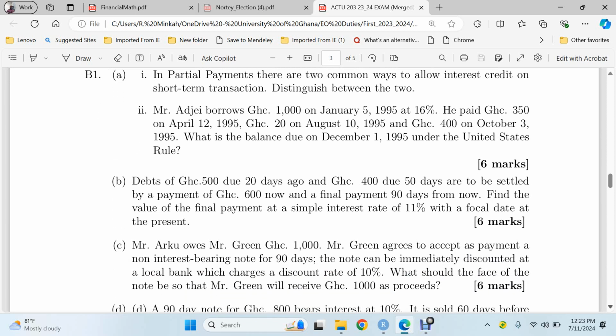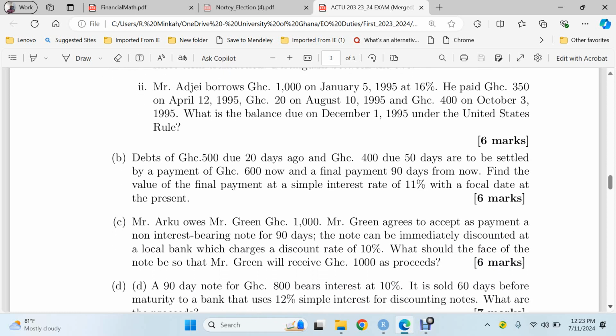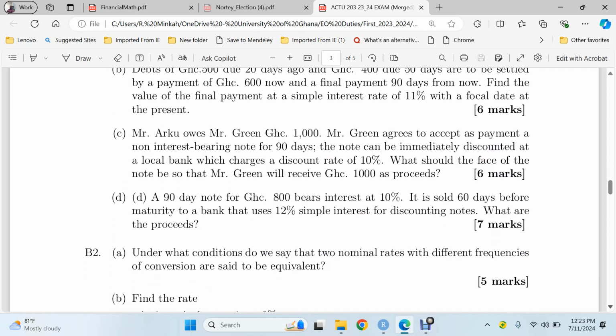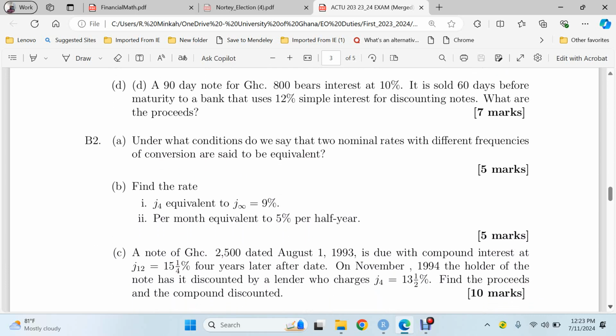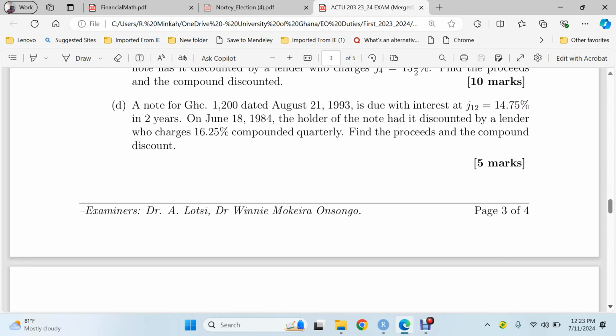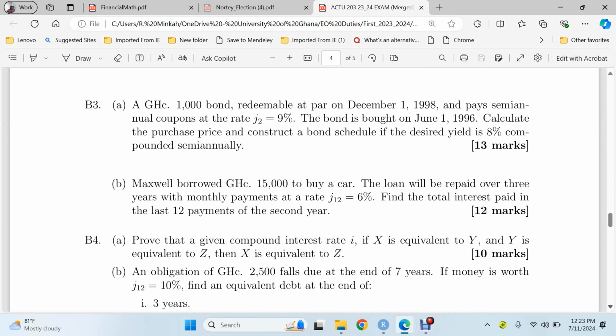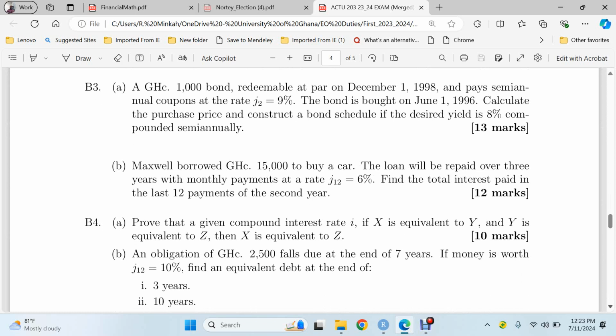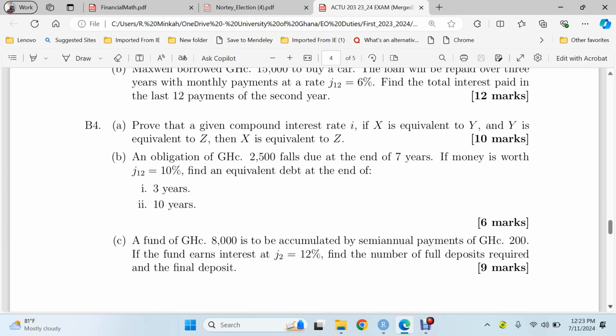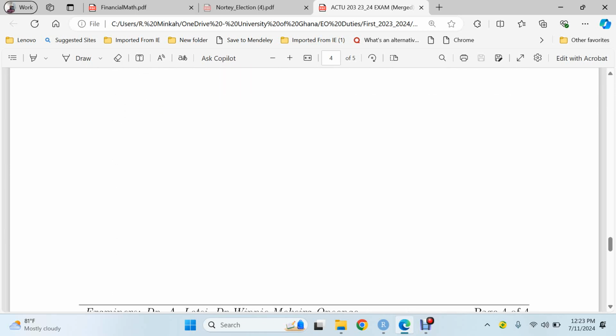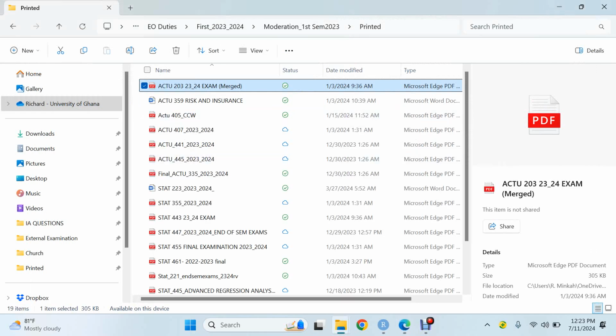Look at all this. My friends, you can't run away from this. You even do bonds. So I'll ask you some of this in your exam. Okay, so let's move on.